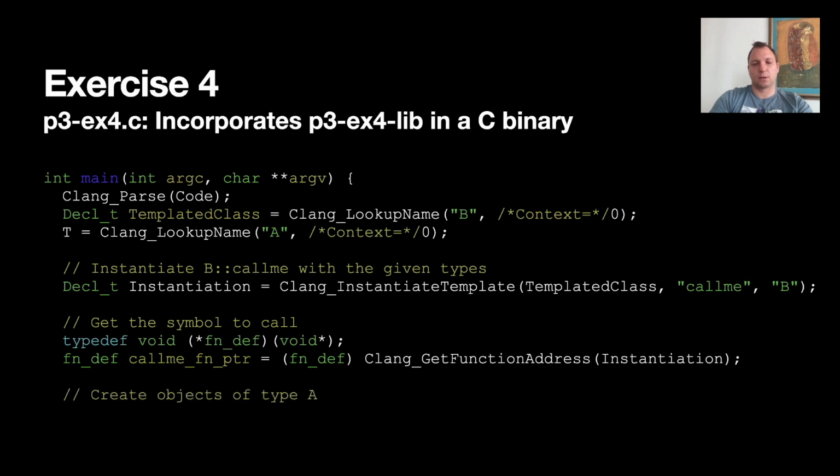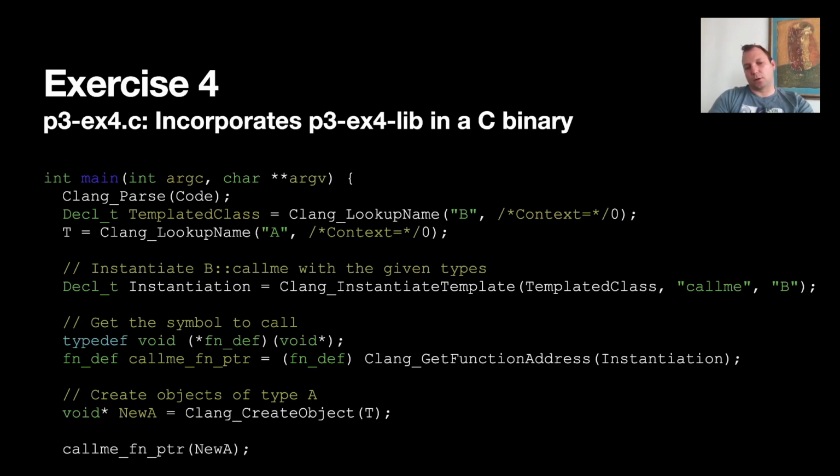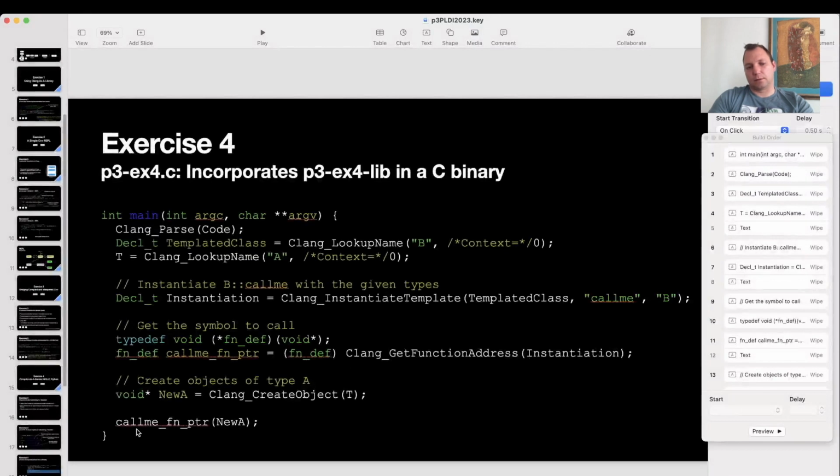Then we have this callMe function pointer, and in that case we create a new object of type T. This is the equivalent of calling new of A. And then we just call it with that parameter. And that's it. You can take a look at how it works. We're a little bit late, I think.